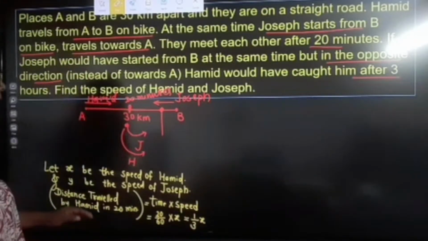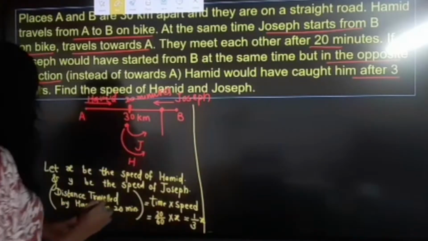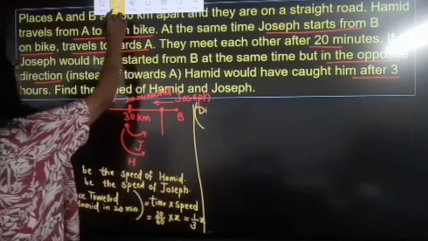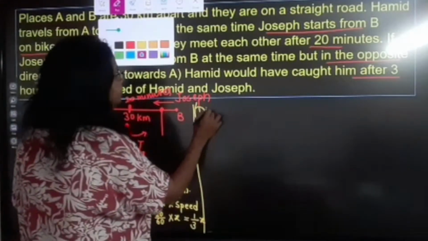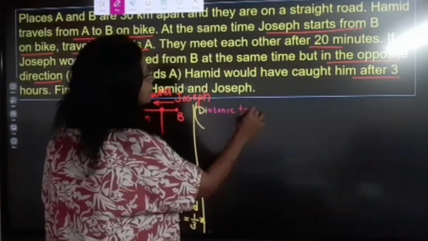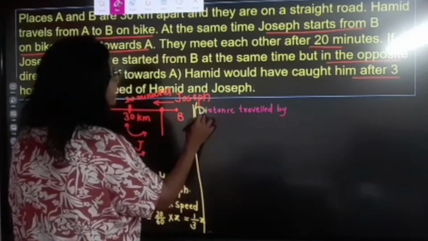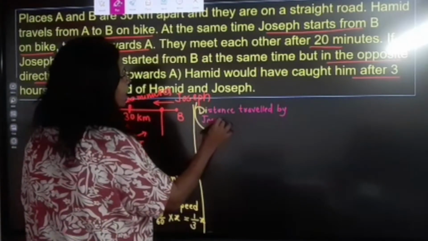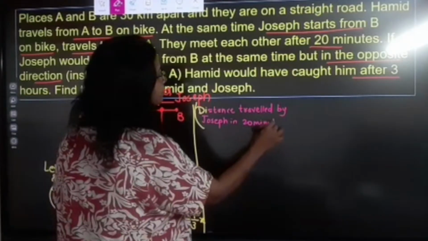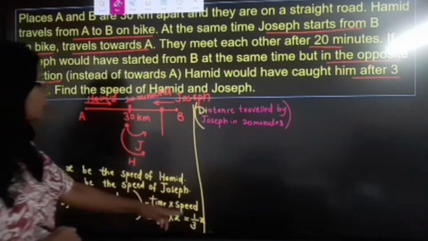Okay students, and then next is the distance traveled by Joseph in 20 minutes, and that will be equal to time into speed.